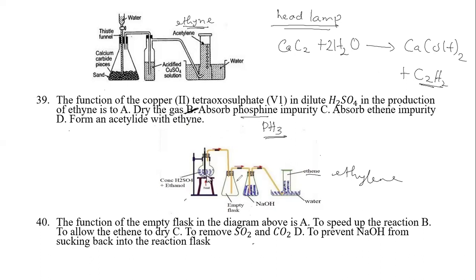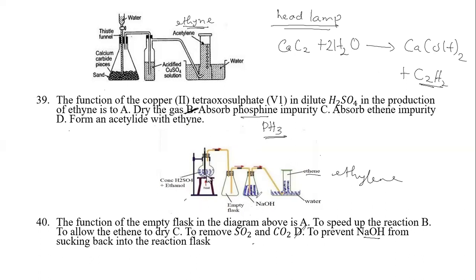The empty flask is to prevent the sodium hydroxide from sucking back into the reaction mixture, because if you pass the gas directly into the sodium hydroxide, there is a tendency that the sodium hydroxide will suck back into the reaction mixture.